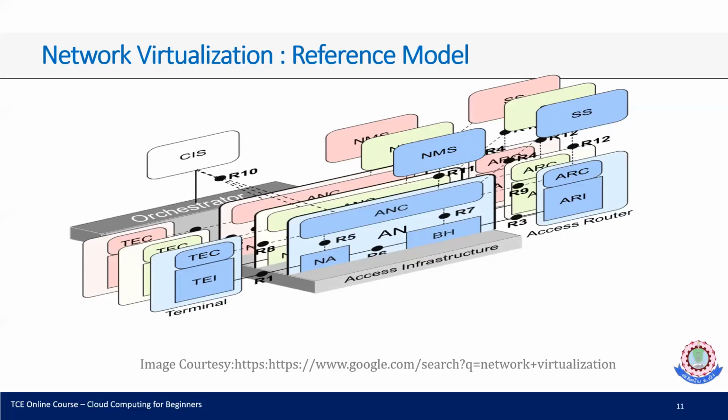It is not mandatory to dig deeper into these components. We can just have an overview of the terminal component, access infrastructure, and access routers. So your network is going to be virtualized. It is nothing but you are going to virtualize the network. A network is going to function as a service for that environment.